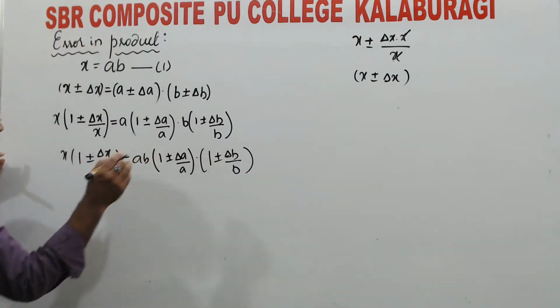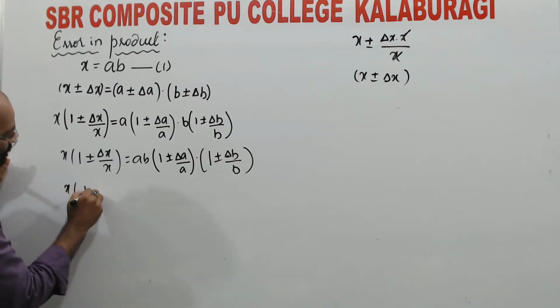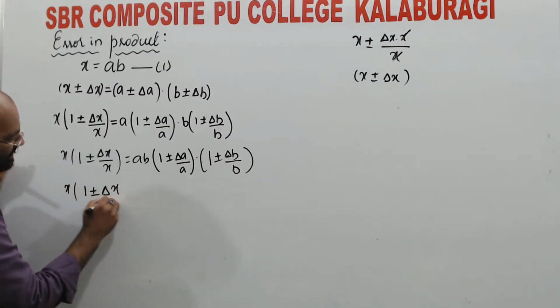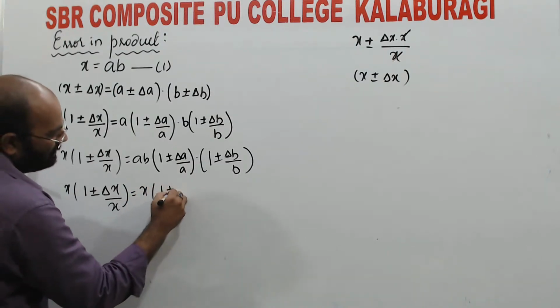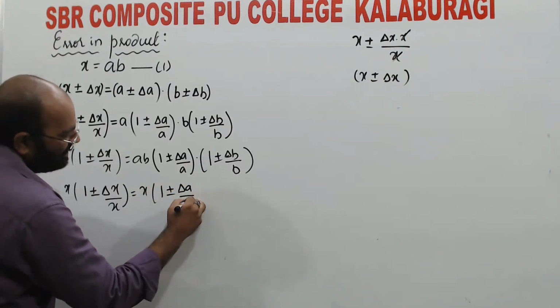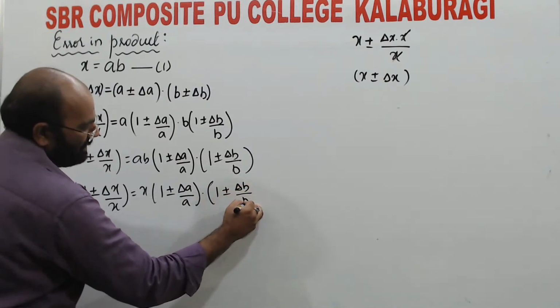Then I can write x into 1 plus or minus delta x by x equals x into 1 plus or minus delta A by A into 1 plus or minus delta B by B.